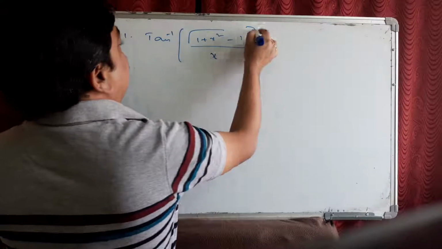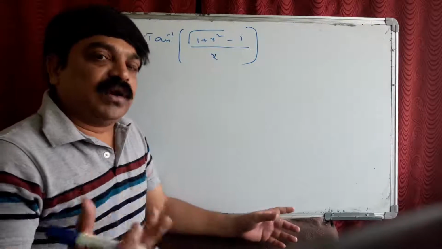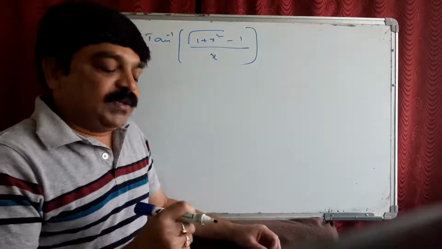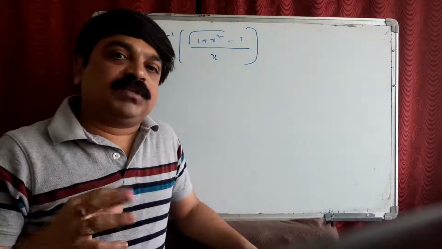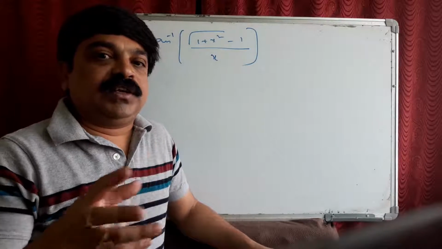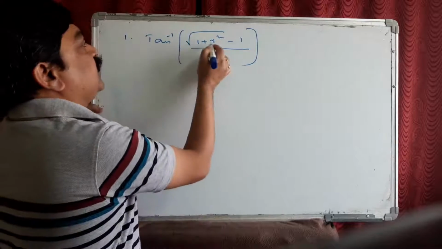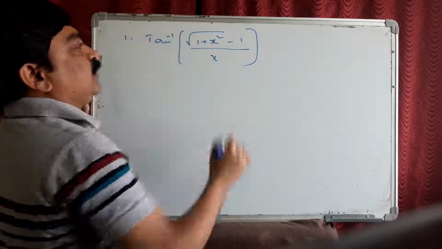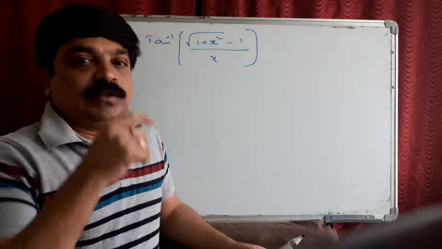We need to substitute the value according to the situation. Why do we substitute a value? We substitute something in place of x to avoid irrational terms. When we see 1 plus x square or x square plus 1, we can take x as tan theta or cot theta.